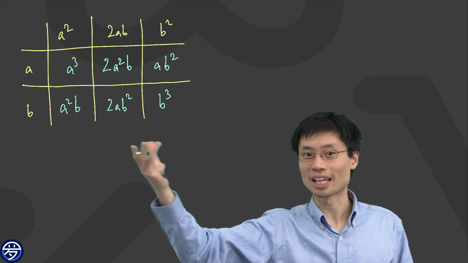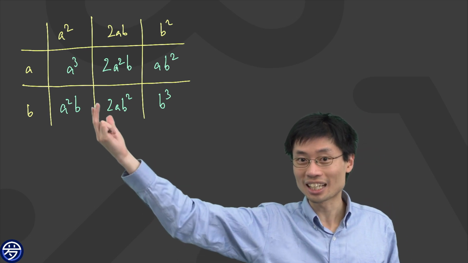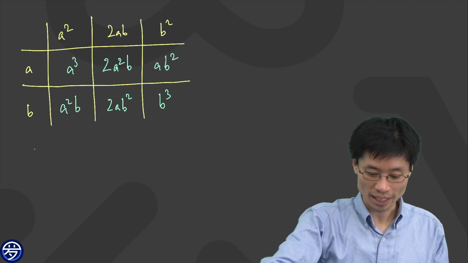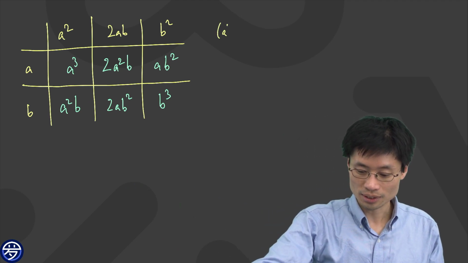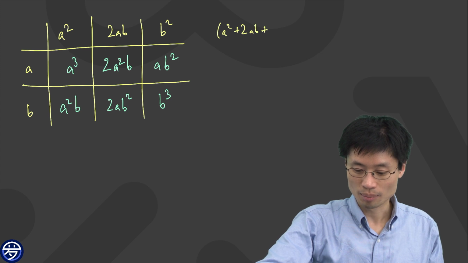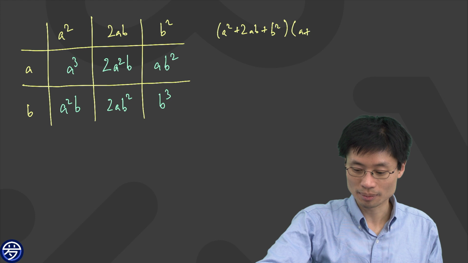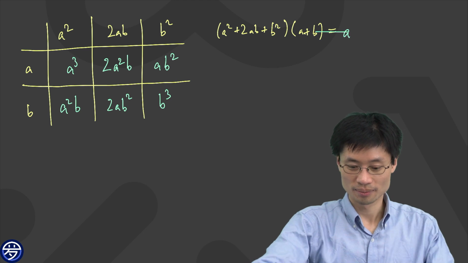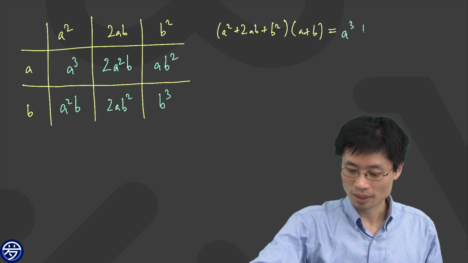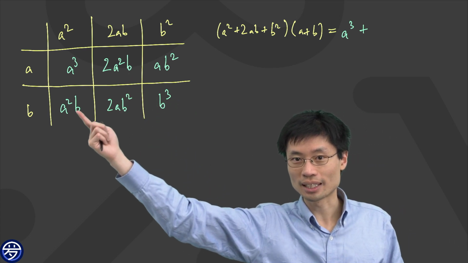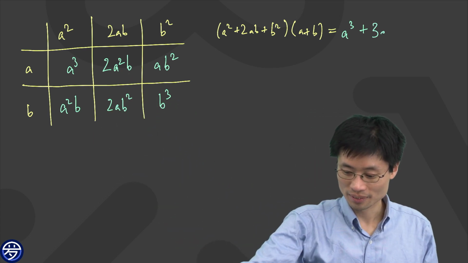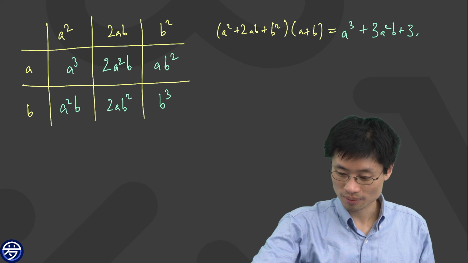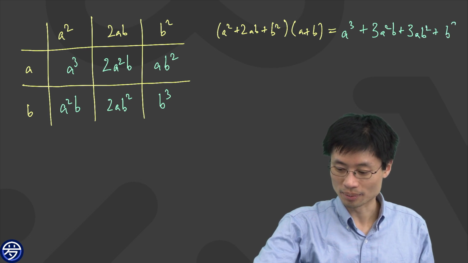Okay, what happens if I try to add everything together? Oh, this is nice. When you add everything together, a lot of stuff will join. Not cancel yet, but join. So when I add all this stuff together, I get that (a squared plus 2ab plus b squared) times (a plus b) is equal to a cubed plus 3a squared b, since a squared b and a squared b are both here, plus 3ab squared, plus b cubed.